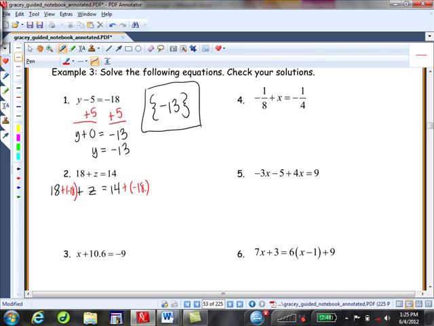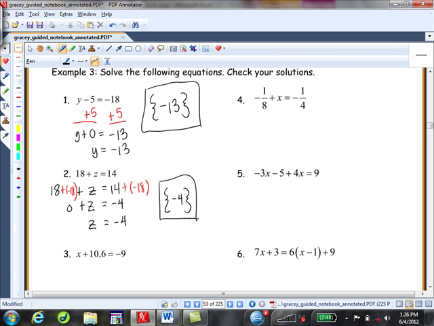Now if you want, you can just subtract the 18 from both sides, whatever works best for you. Now 18 plus negative 18 gives us 0, plus z is equal to negative 4. Now 0 plus z gives us a result of z, so z is negative 4. Again, in roster notation, we get negative 4, and you're all done.